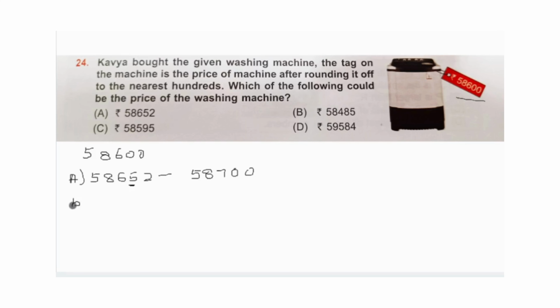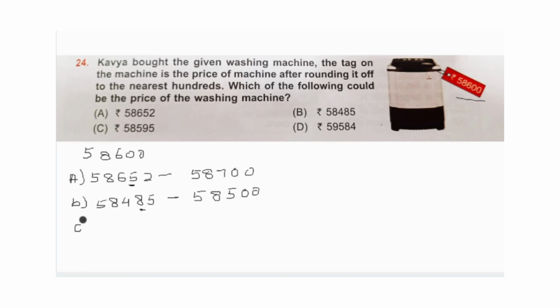Let's see the second option, option B. The price tag given is 58,485. Again, since we are rounding off to the nearest 100, let's see the value at the tens position. Is it greater than 5 or less than 5? Since it's greater than 5, we will round it off at the higher end, which is going to be 58,500.